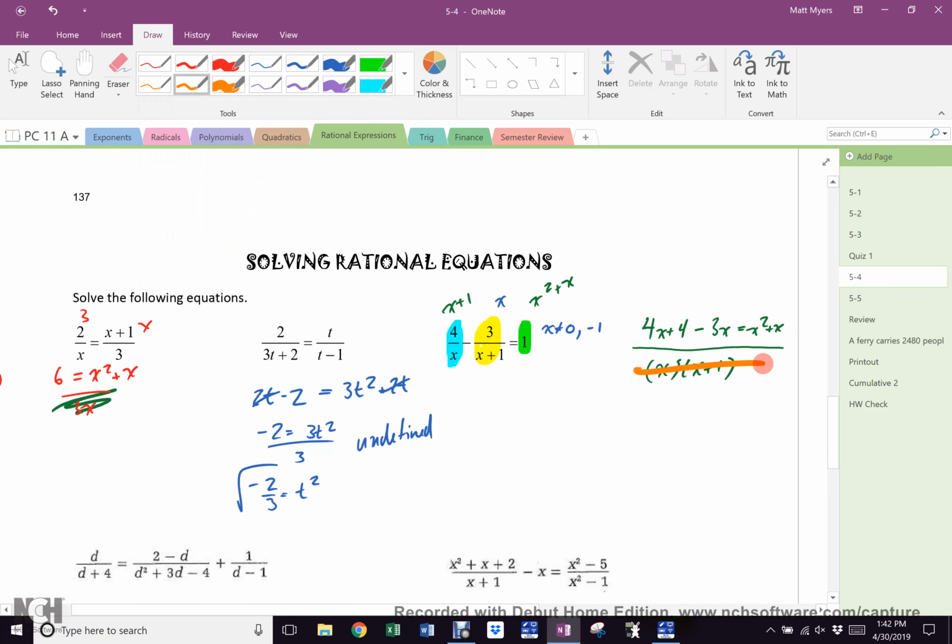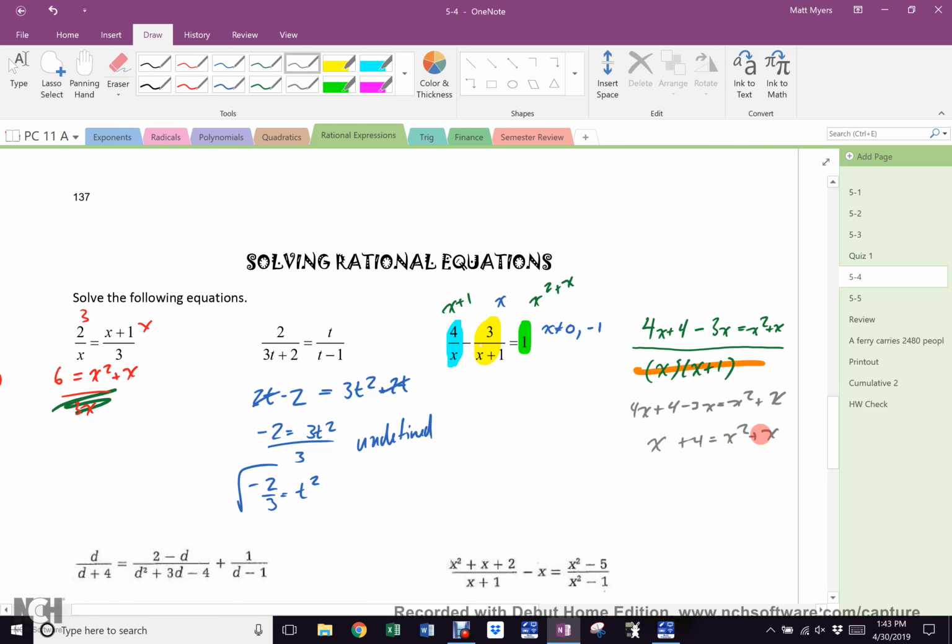No. So all I do is collect my like terms and solve. 4x plus 4 minus 3x equals x squared plus x. What's 4x take away 3x? 1x. Plus 4 equals x squared plus x. What do you see? x and x on both sides of the equation.